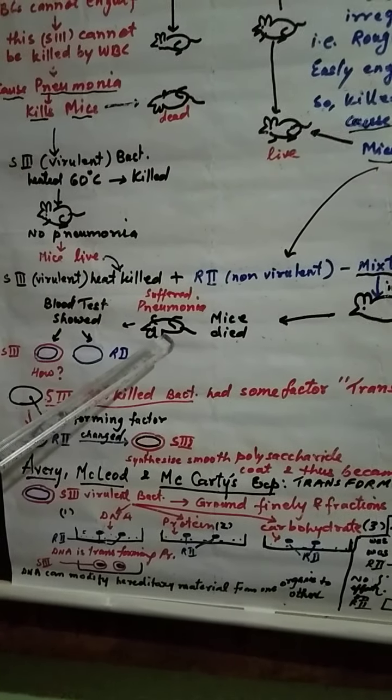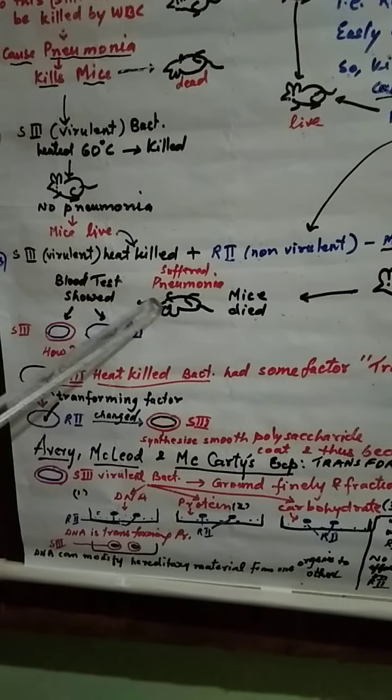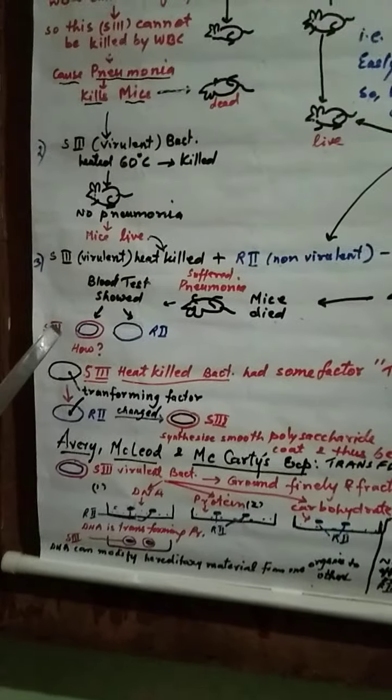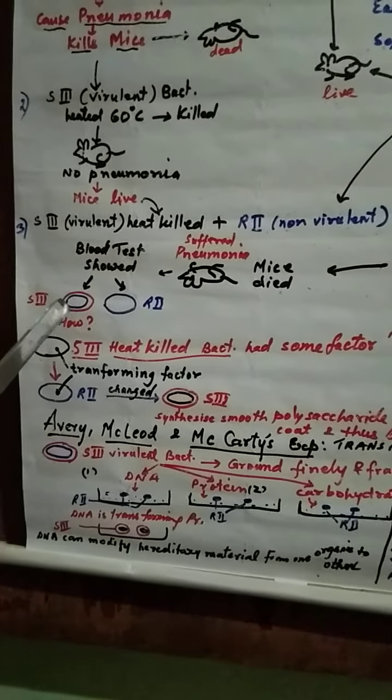The question in the mind of Griffith was why it happened. When a blood test was done, the result was that S3 was seen.